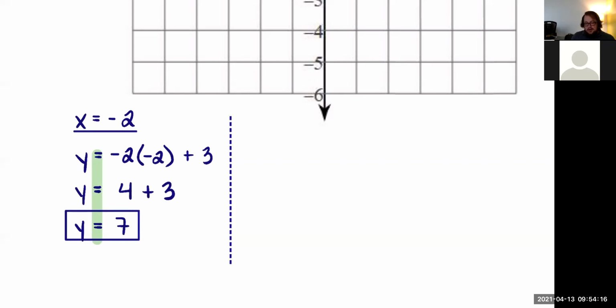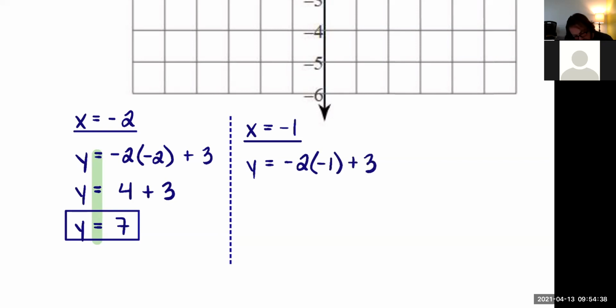Like I said, this is boring, but we start over. We deal with our next x value. So the next one on my list was x equals -1. So I drop it in, y equals -2 times x, which is this time a -1 plus 3.